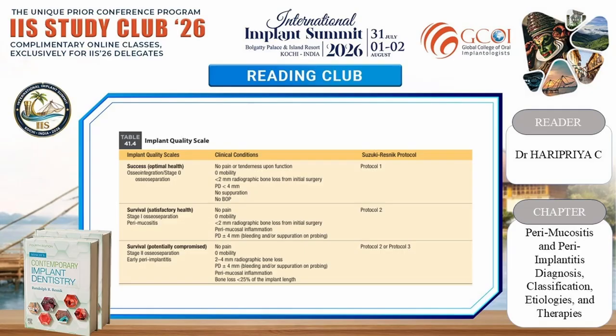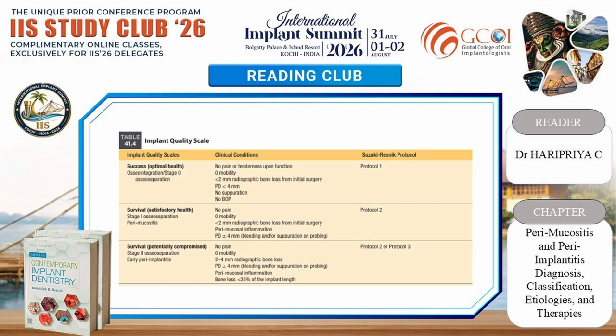Second, survival or satisfactory health with stage 1 osseoseparation and perimucositis. Clinical conditions are no pain, zero mobility, less than 2 mm radiographic bone loss from initial surgery, perimucosal inflammation, probing depth plus or minus 4 mm. Then protocol number 2.